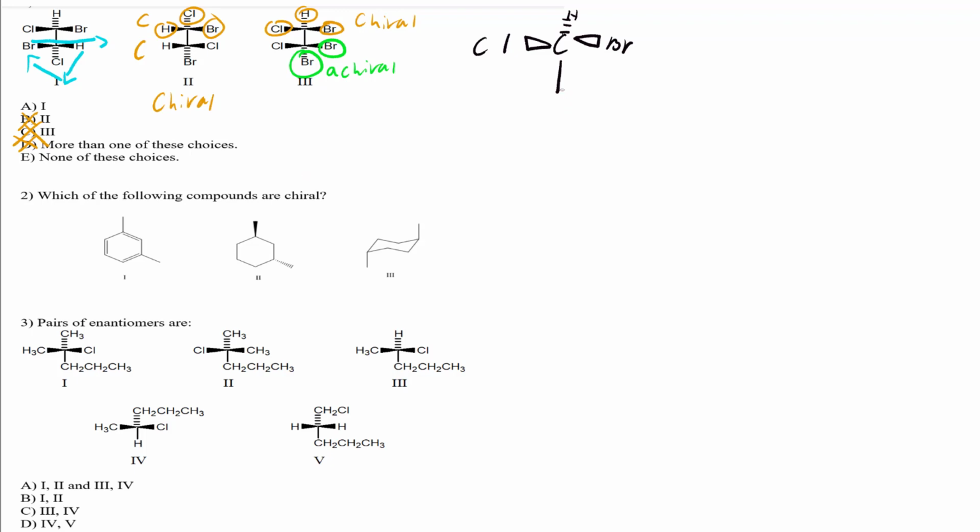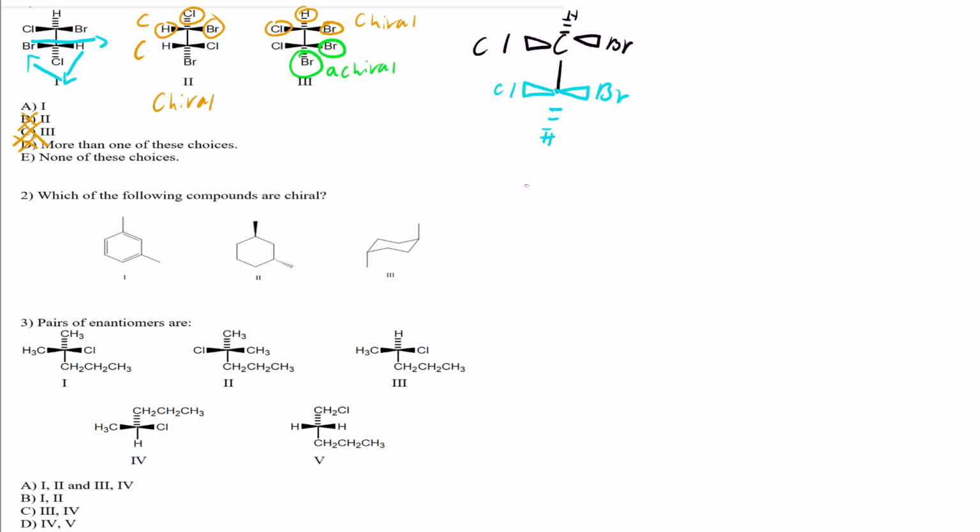So like I was saying, I didn't mess up, I totally did that on purpose. So bromine is going over here. My hydrogen is going to go over there. And my chlorine is going to go over here.